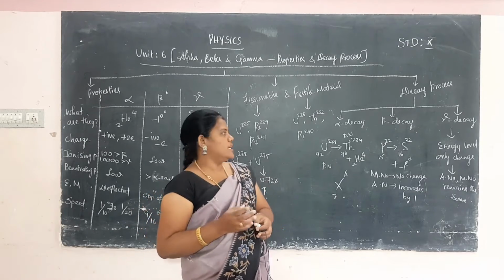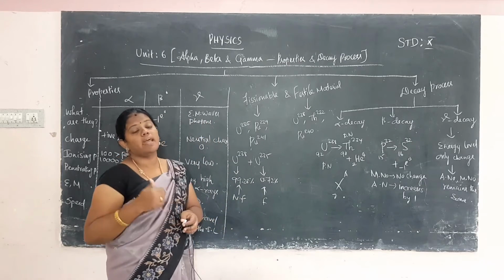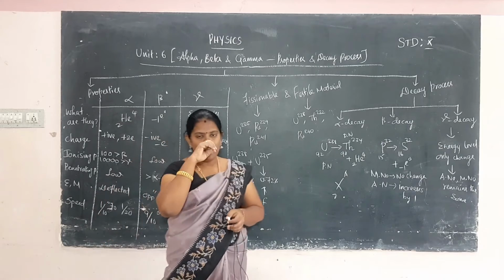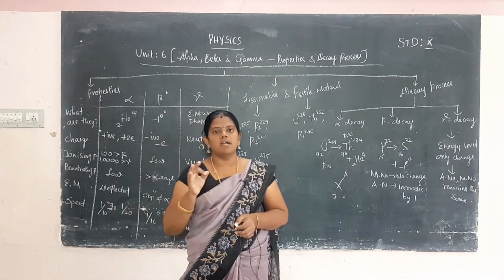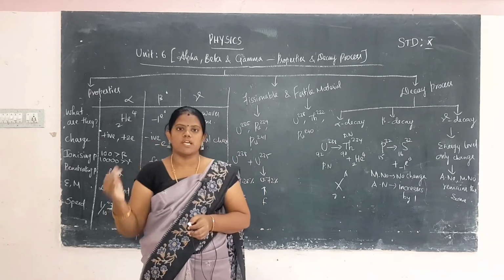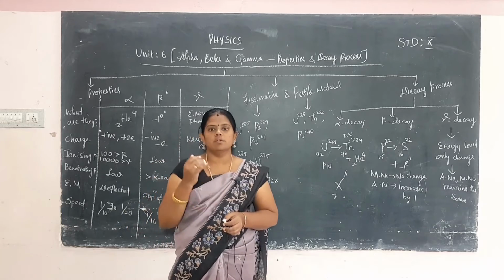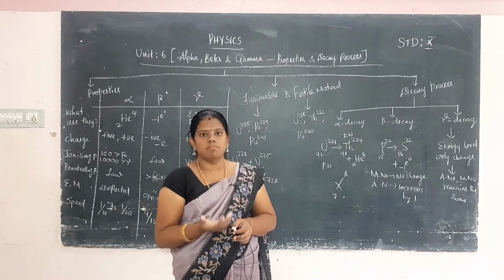In today's session I will explain alpha, beta, gamma radiations and their decay process also. Alpha, beta, gamma radiations are emitted in radioactive reactions. One radioactive element undergoes a decay process and emits some radiations.